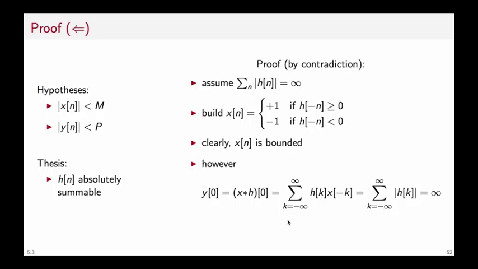It's a sum for k that goes from minus infinity to plus infinity of h of k times x of minus k, because remember n is equal to 0 here in this convolution. And of course, by definition, this will be the sum of the magnitude of h of k, because we built a signal like so, and because of our initial assumption, this will be plus infinity. So we have proven that h of n must be absolutely summable, because if it were not, I could find a bounded input that would make the system explode.